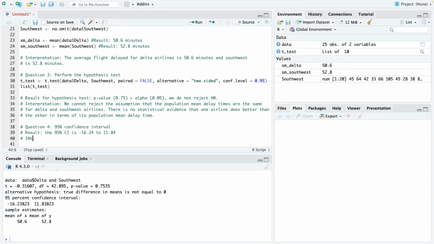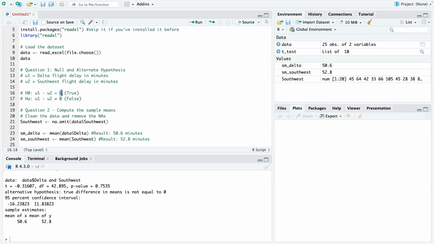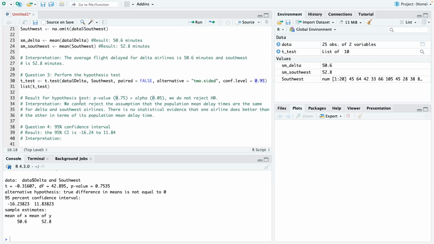And the interpretation would be that, since we're dealing with two population means, the 0 here is going to be our hypothesized mean. And then we have to check if that 0 falls between these intervals. You can see this goes from negative 16 to 11.84.